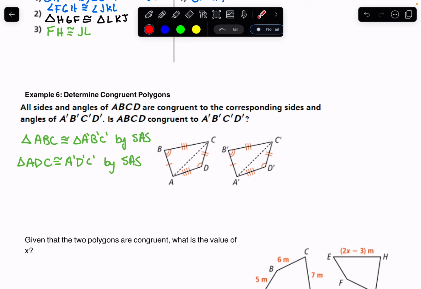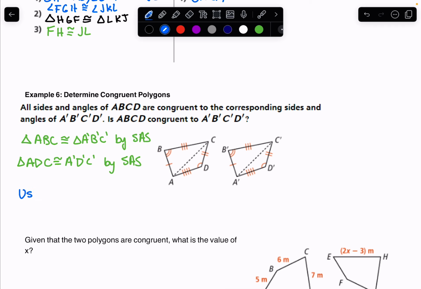And if I add B prime, C prime, A prime and D prime, C prime, A prime together, I'll get a bigger angle. And these two bigger angles, BCD and B prime, C prime, D prime, will be exactly the same. Do you remember what we use when we talk about two angles being put together to make a larger angle? We use the angle addition postulate. So that's what we're going to say here.